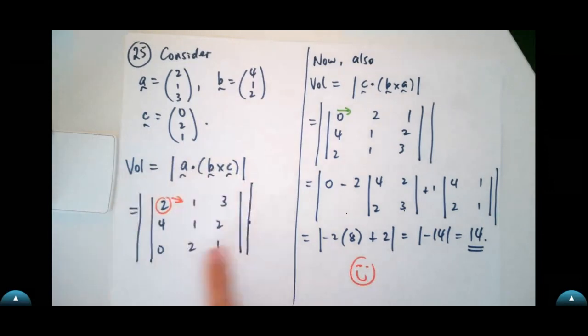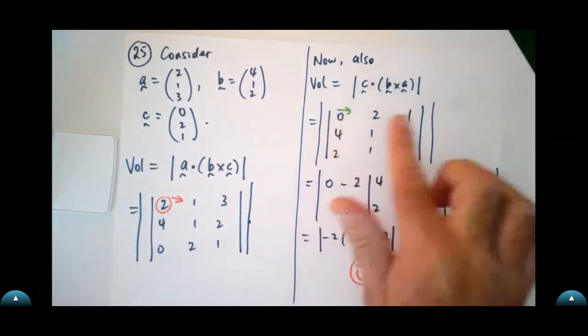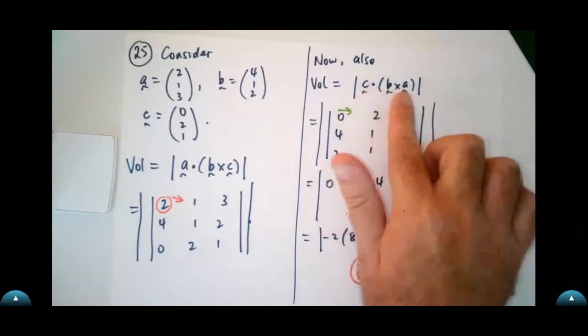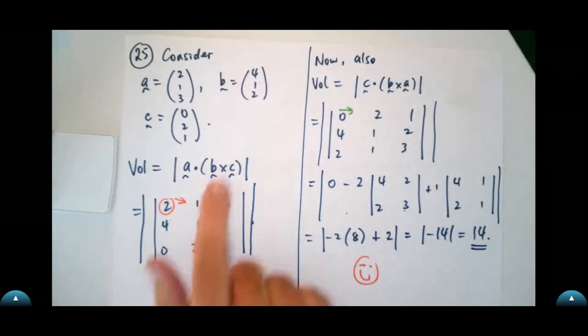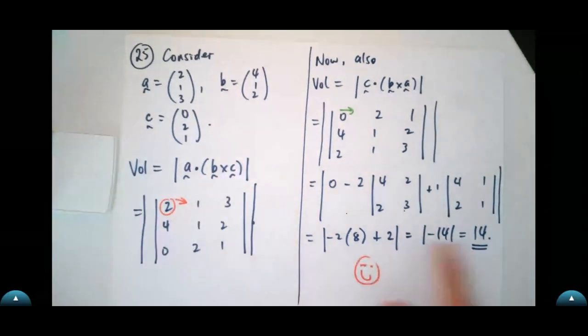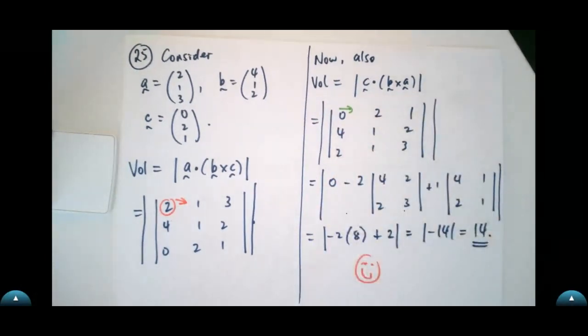With these volume problems, you can simplify the calculations by writing the scalar triple product and its absolute value in a certain way. It doesn't matter if you do this, you should get the same answer of 14 cubic units, but I just did it there to save some time.